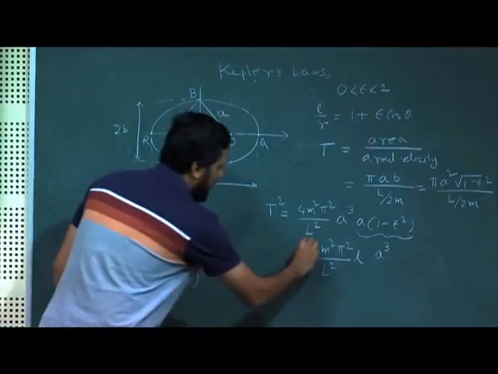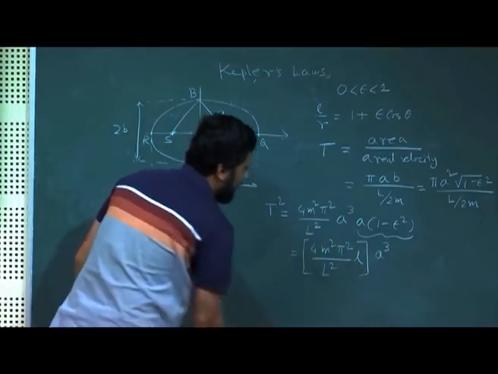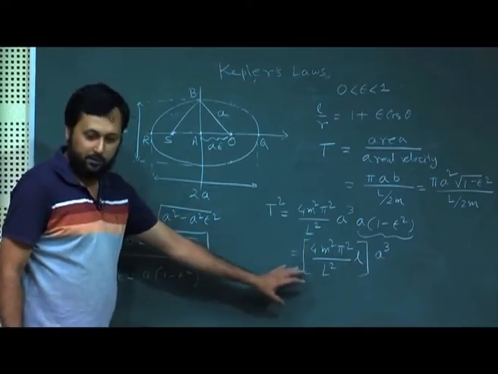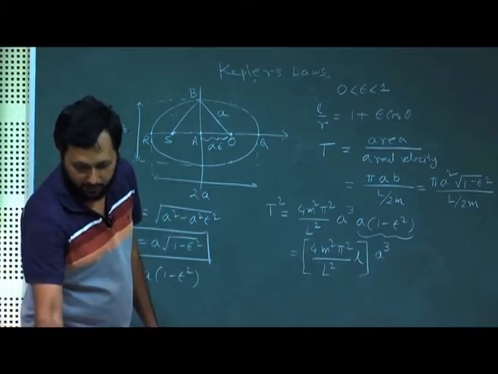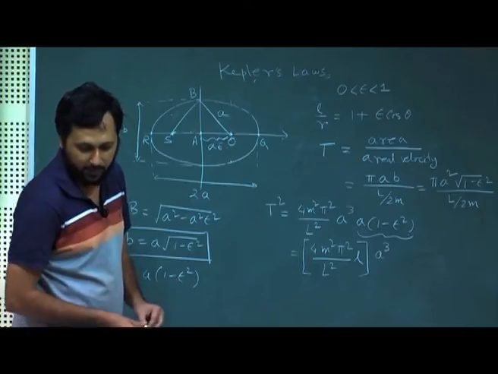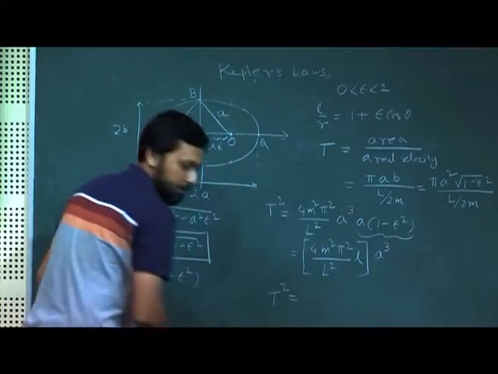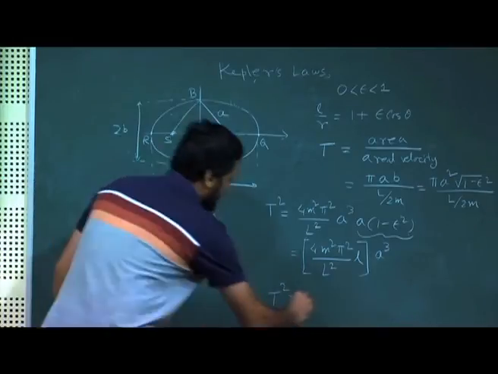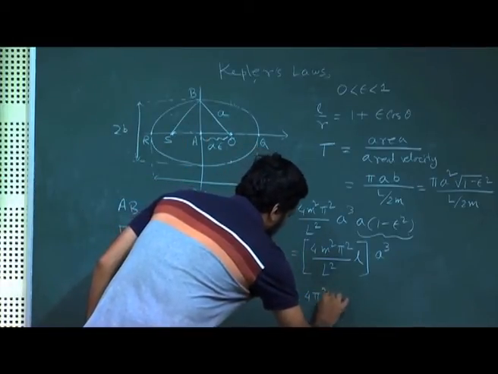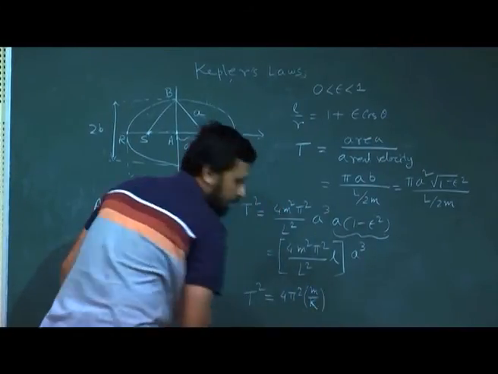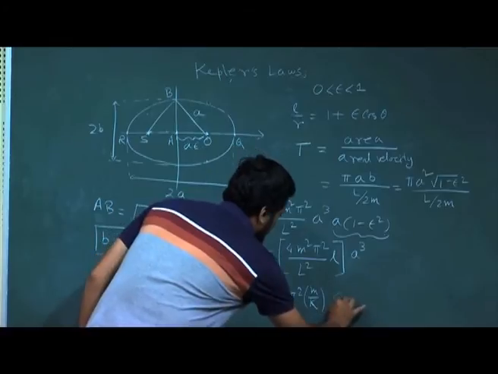Now, this quantity is a constant, and we can also put in the value of L and simplify it slightly, and the final expression we get is essentially T square is equal to 4 pi square m by k, times A cubed.